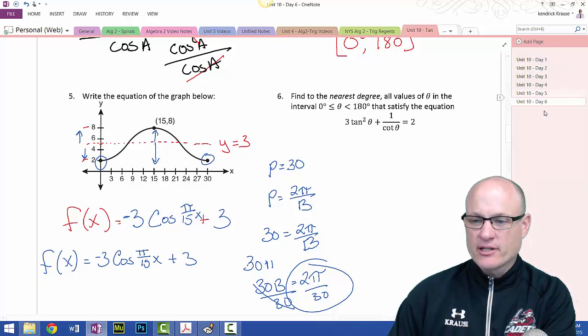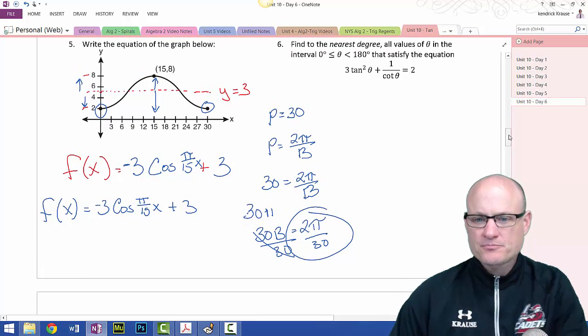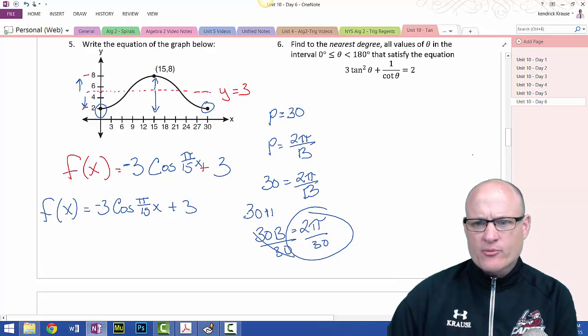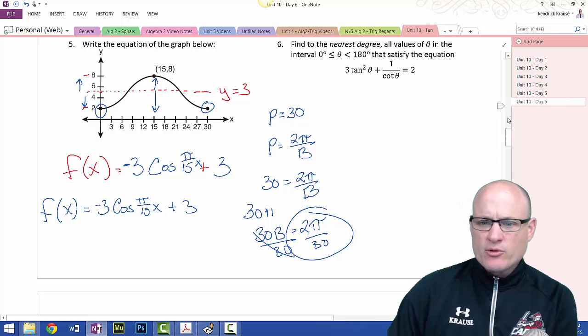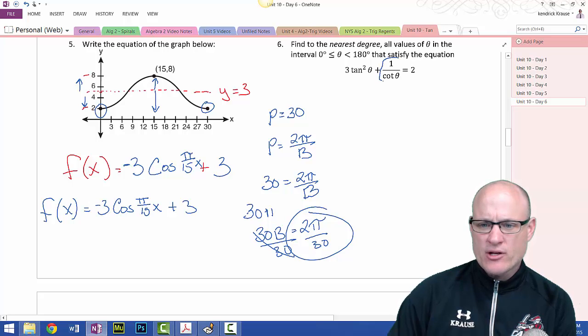All right, children, let's get this up here a little higher so it's away from my head. Find to the nearest degree all the values in the interval from 0 to 180 degrees where this is equal to this. Now, did you notice that we've got a mess here, right? Wait a second. 1 over cotangent theta.